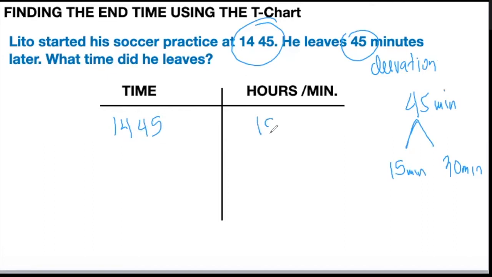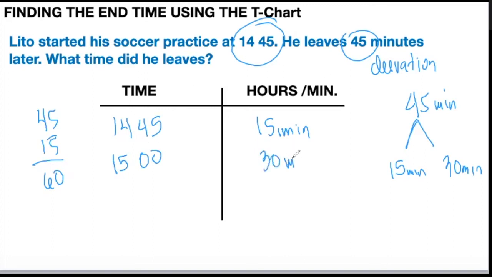So when we add 15 minutes here, 15 plus 45 is already 60. And 60 minutes is equivalent to 1 hour. So we will be adding that to the 14. That will become 1500 hours. And then we have the 30 minutes to complete the 45 minutes. So it will be equal to 15:30 hours.